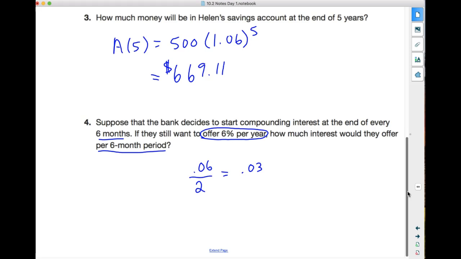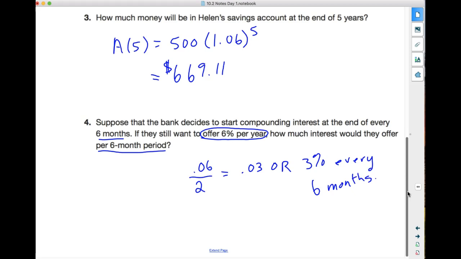Then the second 6 months, they're going to pay you 3% again, but you actually earn that 3% on the interest they paid you the first half of the year. That's what compounding interest is. Okay, so 3% every 6 months.